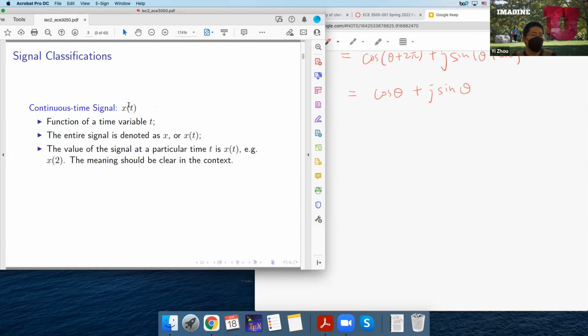So by convention, we call it a continuous time signal. It is defined as a function of a time variable. If we want to look at the value of the signal at a particular time t, you just evaluate x at t, x(t).